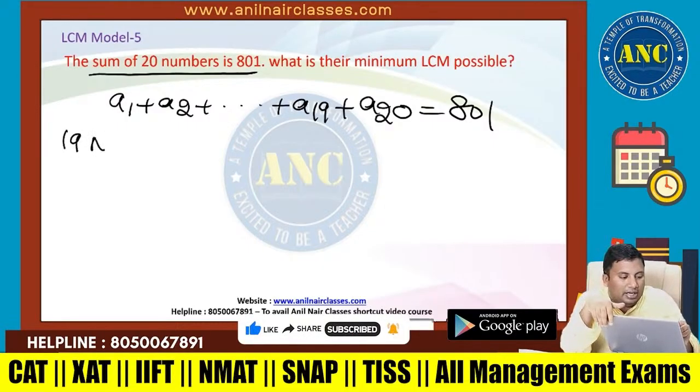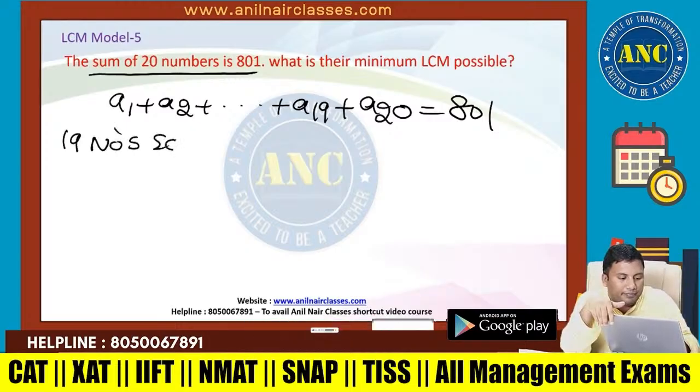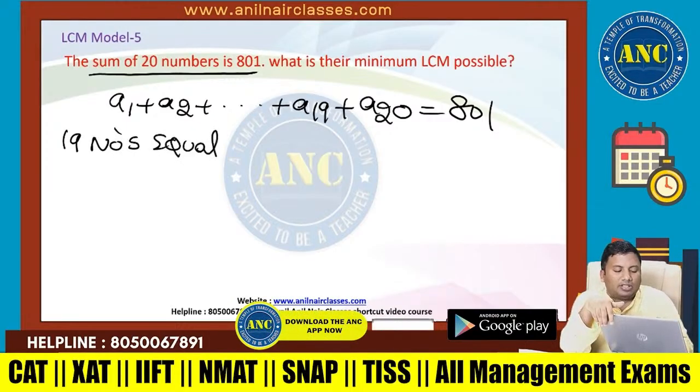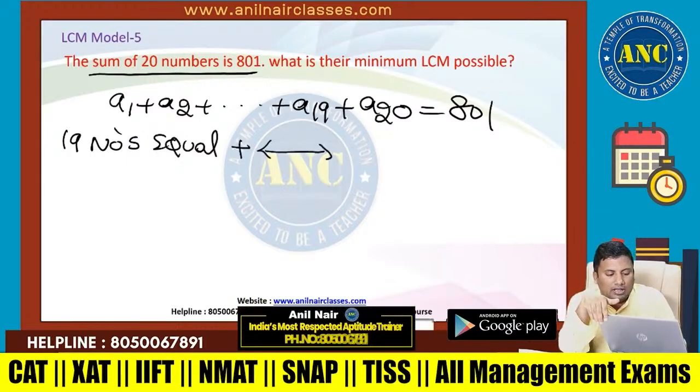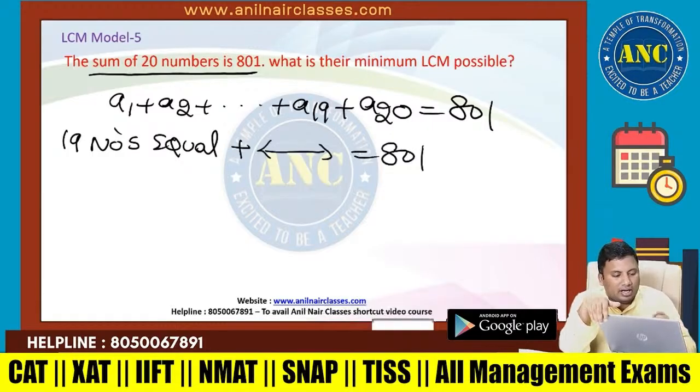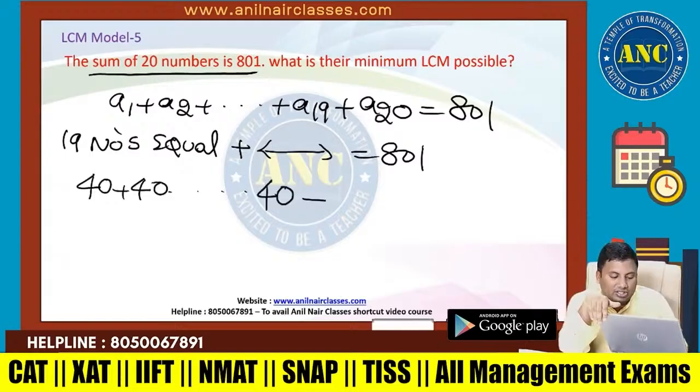So 19 numbers equal, plus the other number to give you 801. If I take 19 numbers as 40, 19 fours are 760, remaining is 41.